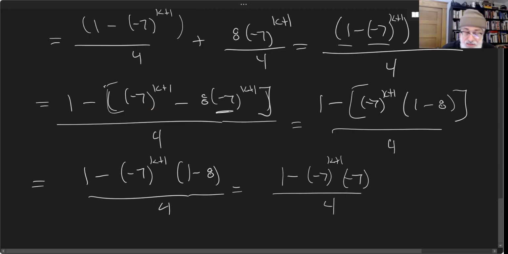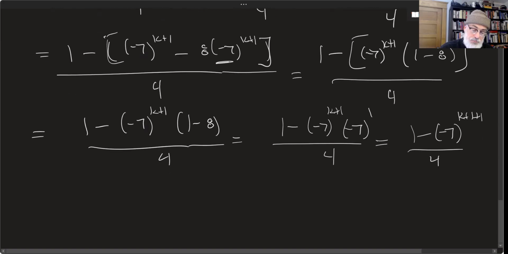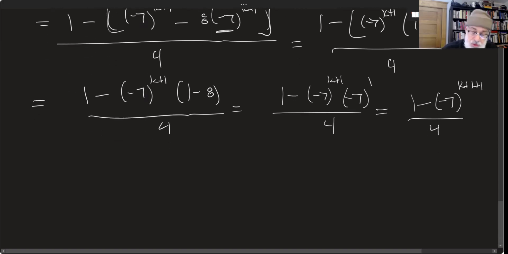Now I can write negative 7 as negative 7 to the 1. Remember your exponent rules: if I have the same base, I add the exponents, so it's k plus 1 plus 1, which is k plus 2. So this equals 1 minus negative 7 to the k plus 2, divided by 4.